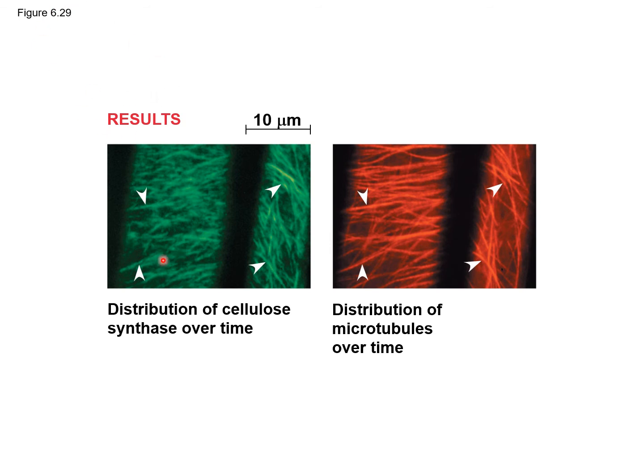It's showing that you have cellulose synthase enzyme and you have microtubules, and that the cellulose synthase seems to run identical. Like, for instance, let's look at this arrow here and this arrow here. That's a pretty obvious band, and then here and here. So what it looks like is that the cellulose synthase is being transported or otherwise is associated with microtubules when it's laying down cellulose.